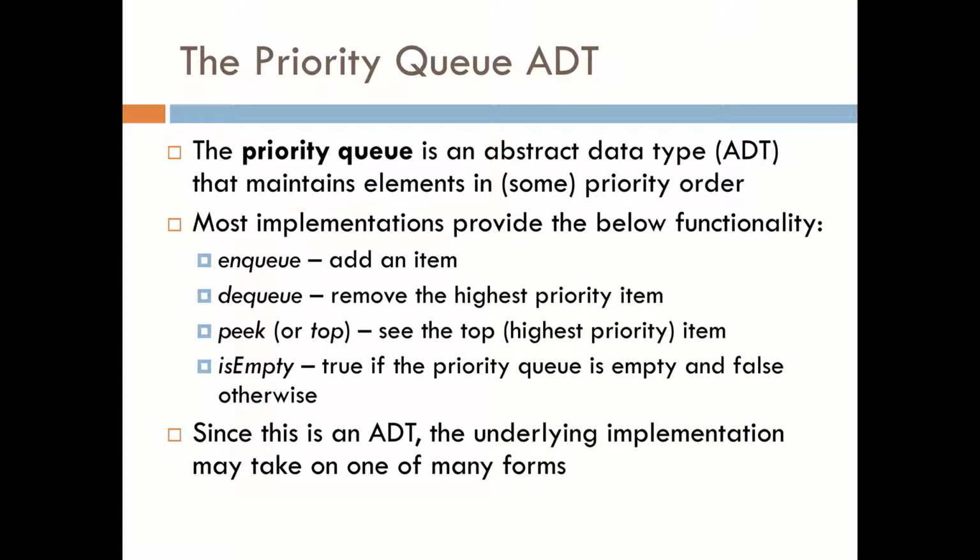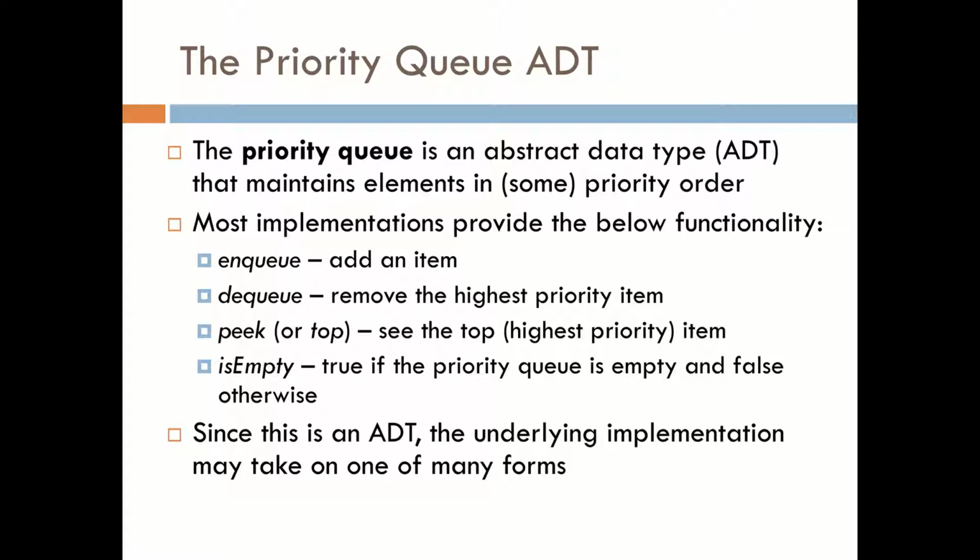First of all, we have an ability to enqueue an item into the priority queue. We have the ability to dequeue the highest priority item from the queue. We can also take a look at what that highest priority item is without actually removing it from the queue. And we can check if the queue is empty.